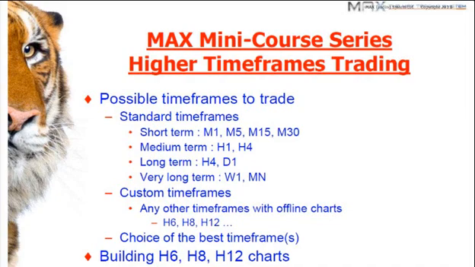Let's take an example. Let's suppose that you have a normal job, a 9-to-5 job, as we usually say, and you have 2 hours at your disposal during the lunchtime, okay? Many would consider that trading the 5-minute time frame would be appropriate.